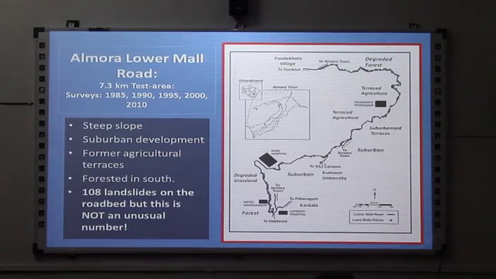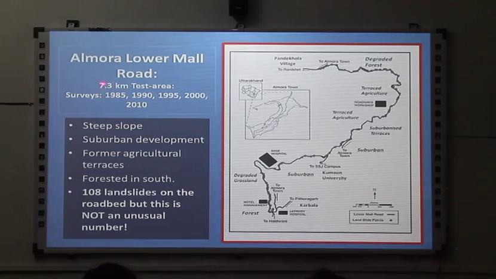Let's have a quick look at a case study. This is one that some of us remember all too painfully. It's our little survey from Pandacola through the new Lower Mile Road to the leprosy hospital in Almora. And this was a test area. We did one of these surveys that I'm setting you up for here.